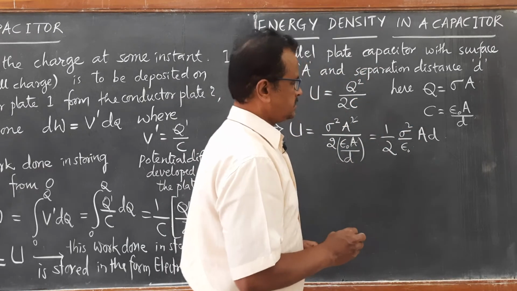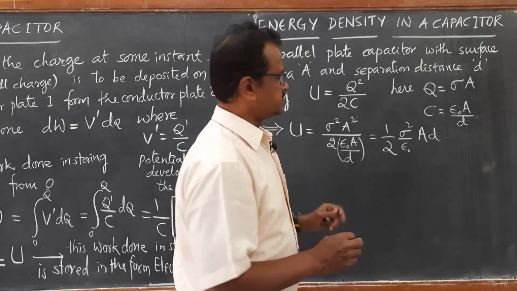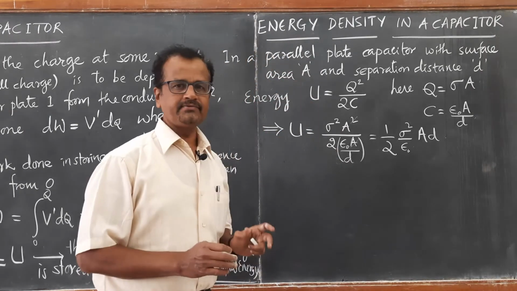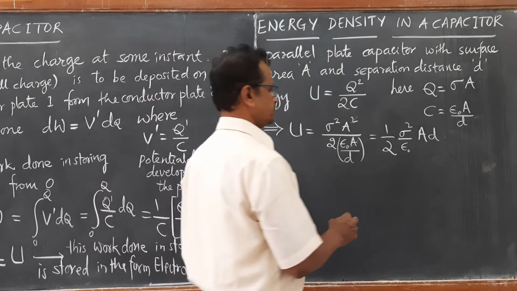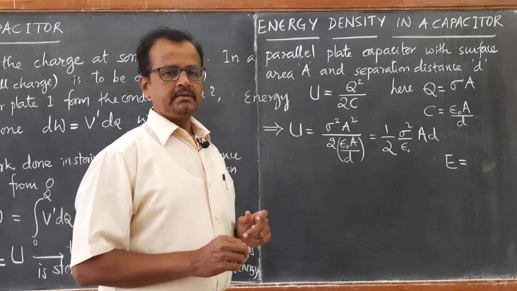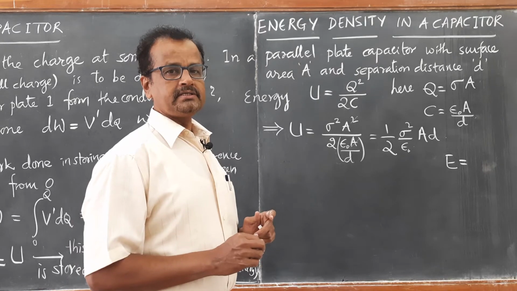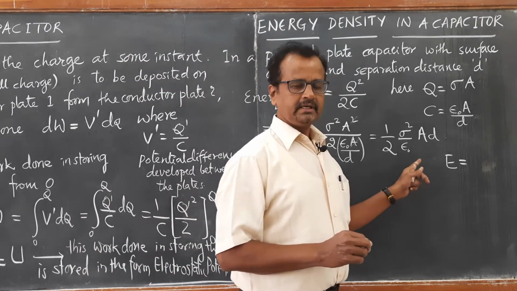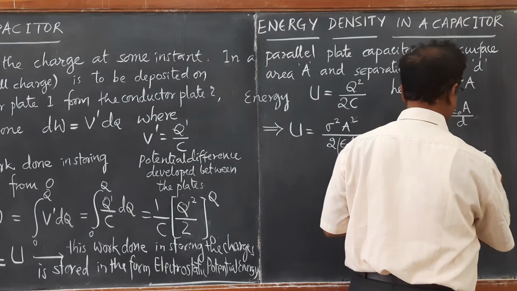We are going to calculate energy density in the form of electric field. Between the parallel plates of the charged capacitor, electric field E is given by sigma upon epsilon naught.